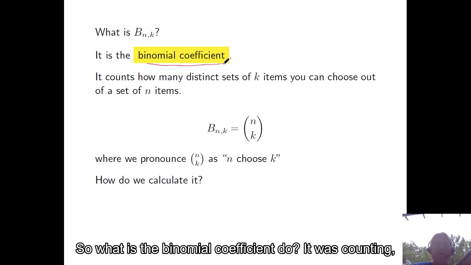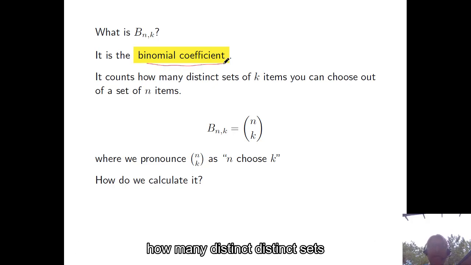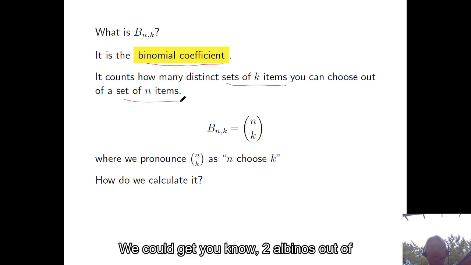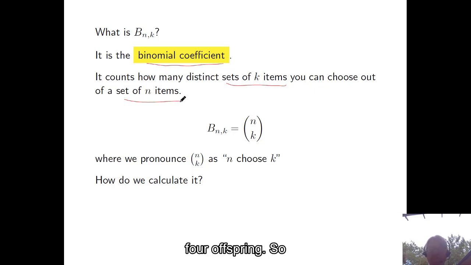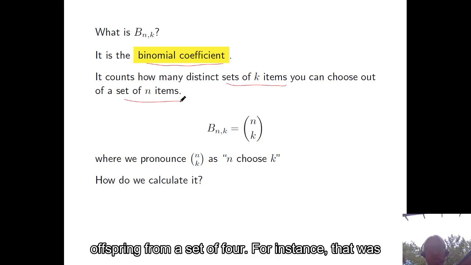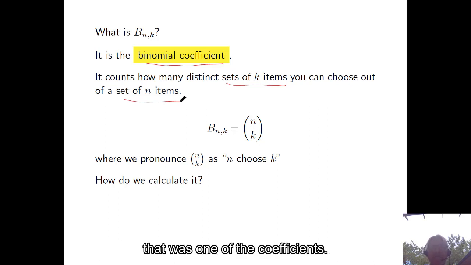So what does the binomial coefficient do? It was counting how many distinct sets of k items you can choose out of a set of n items. So that's what we were looking at, how many ways we could get 2 albinos out of 4 offspring. How many ways to choose 2 different offspring from a set of 4, for instance. That was one of the coefficients.